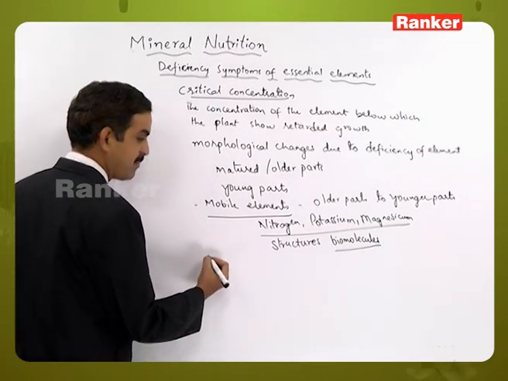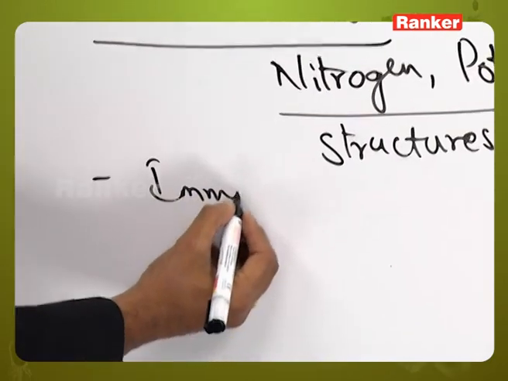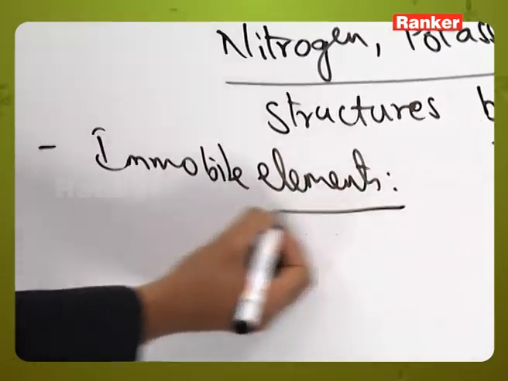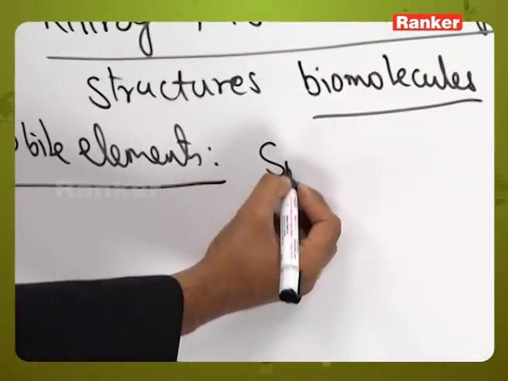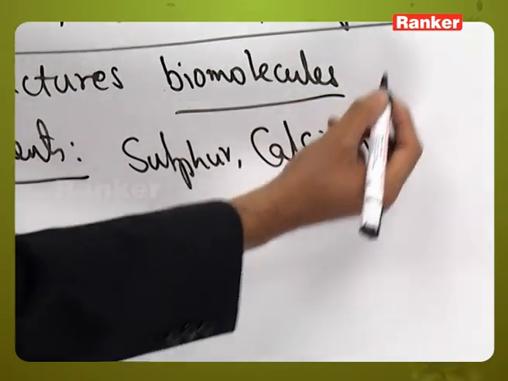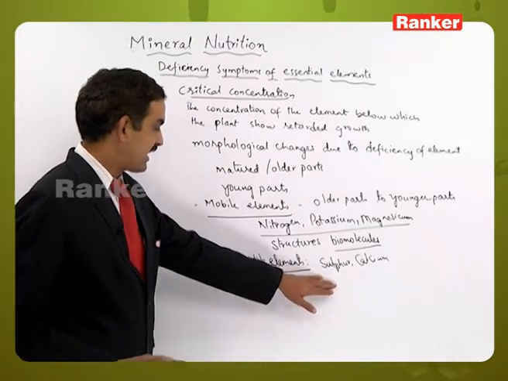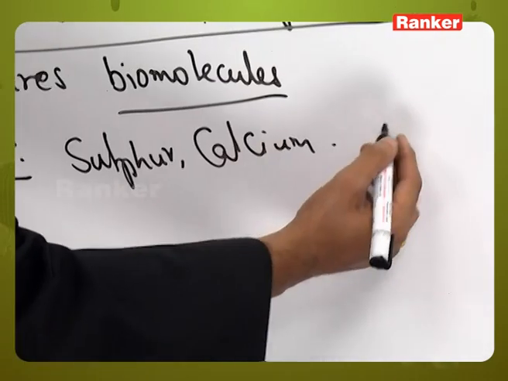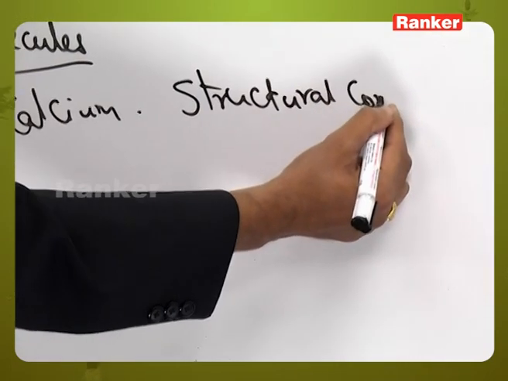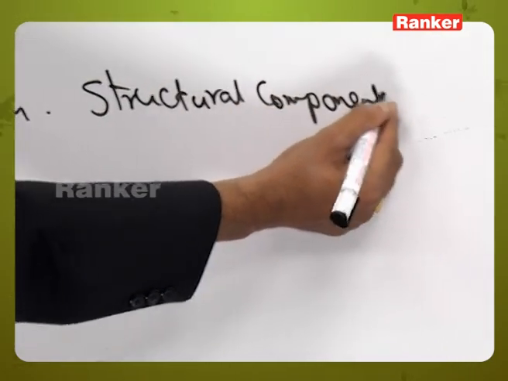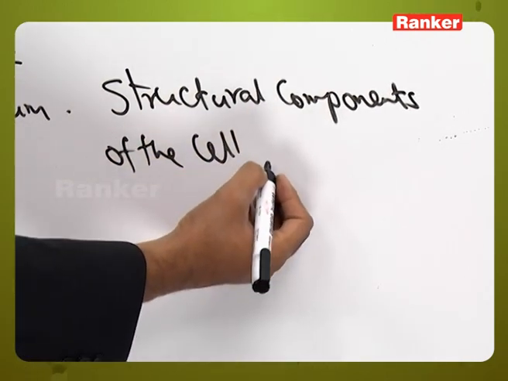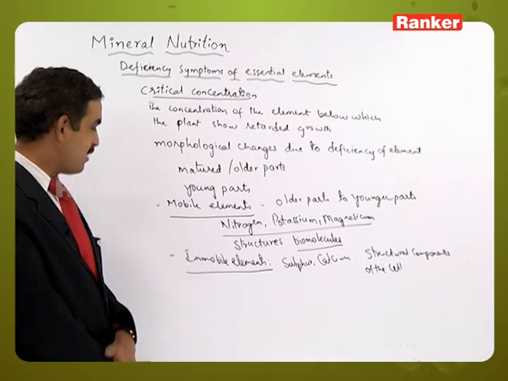And there are some elements which are immobile, like sulfur and calcium. Sulfur and calcium are the structural components of various parts of the cell, and these cannot be easily separated.